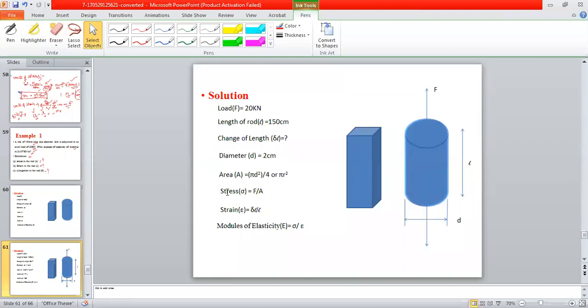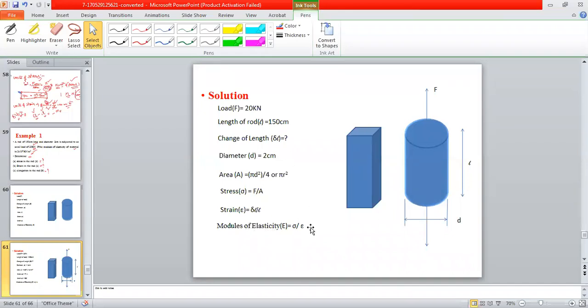Next, stress is equal to force by area. Strain is nothing but change of length by original length. Young's modulus is nothing but stress by strain. So these are the given data, and the remaining we need to find here.